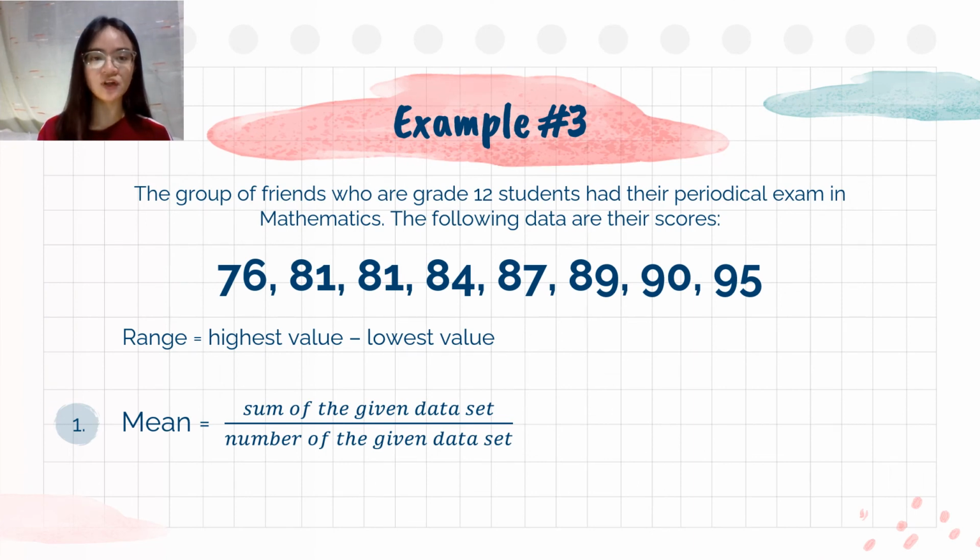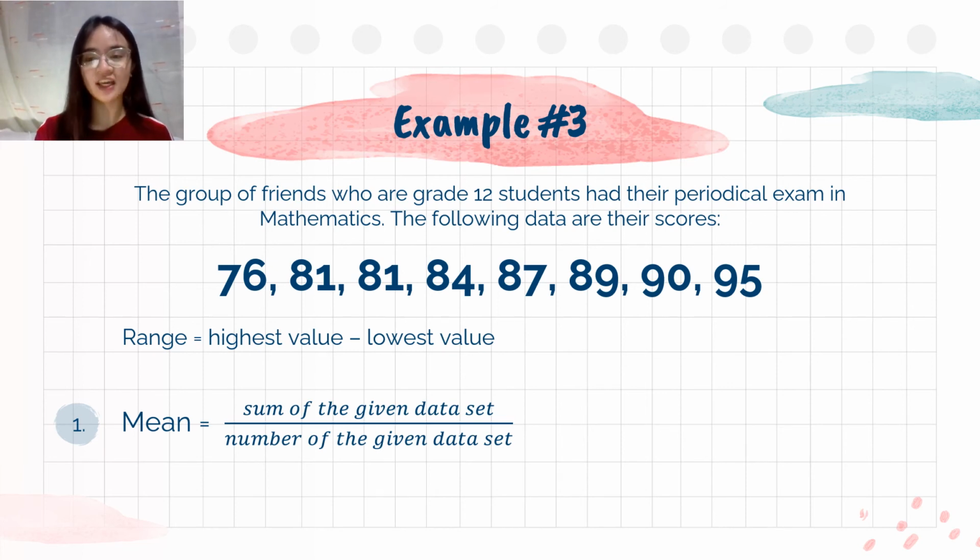Example number 3 or our last example is the group of friends who are in grade 12 students had their periodical exam in mathematics. The following data are their scores. So 76, 81, 81, 84, 87, 89, 90, and 95. So napapansin nyo, yung examples na ginawa ko is by ascending order siya.